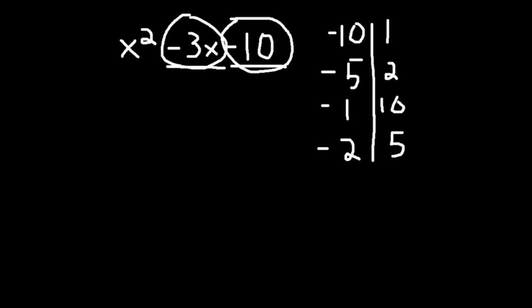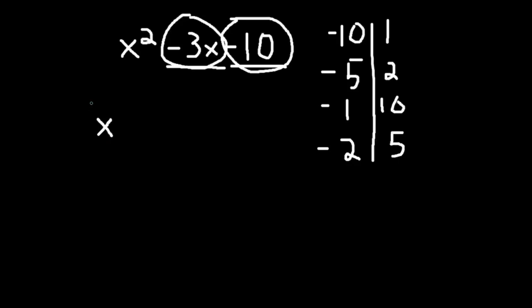That gives us negative 10 and 1, negative 5 and 2, and because they're negative, you just flip them around to get negative 1 and 10, negative 2 and 5. The winner here is going to be negative 5 and 2, and not negative 2 and 5, because if you were to add negative 2 and 5, you get 3. This one will give us negative 3, and we have to keep in mind that minus sign right there.